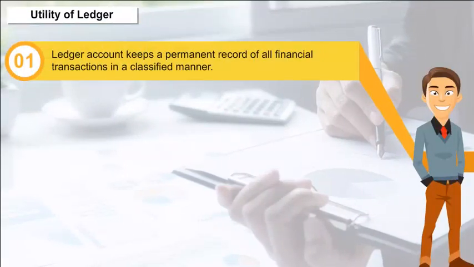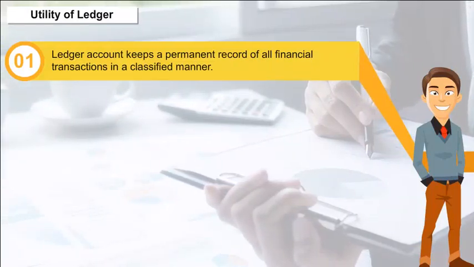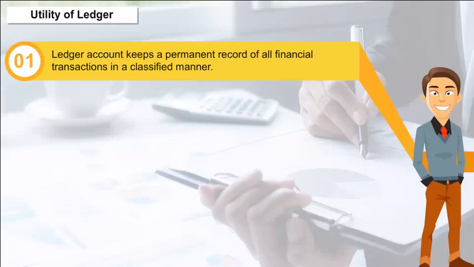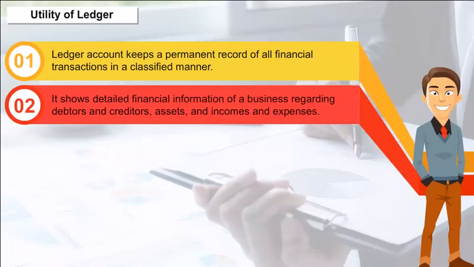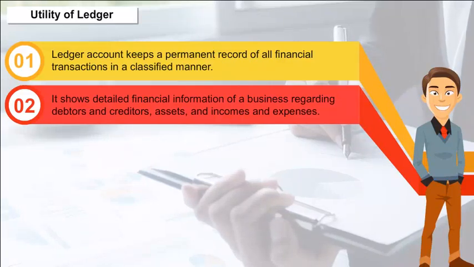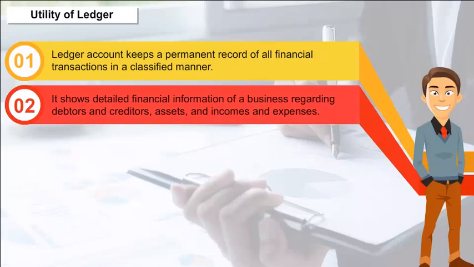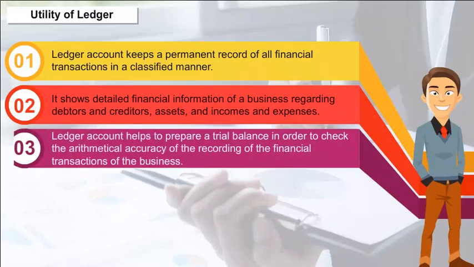1. Ledger account keeps a permanent record of all financial transactions in a classified manner. 2. It shows detailed financial information of a business regarding debtors and creditors, assets, and incomes and expenses. 3.